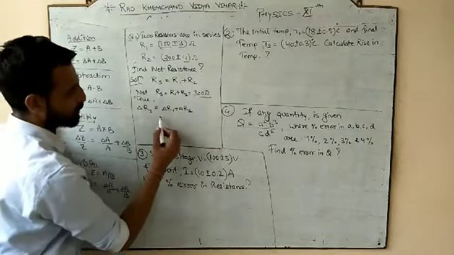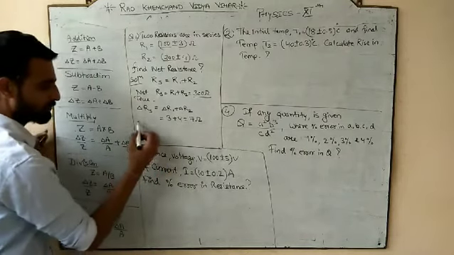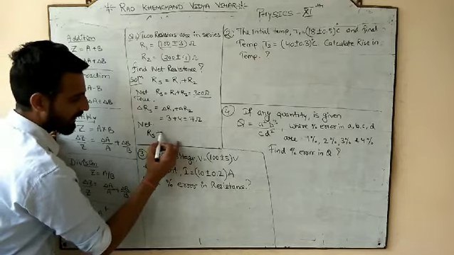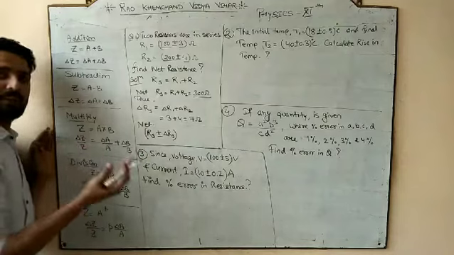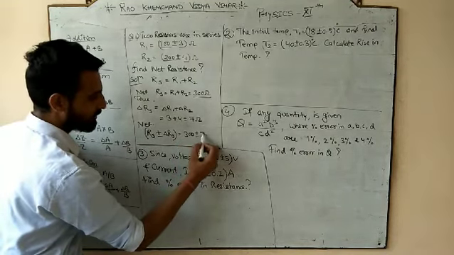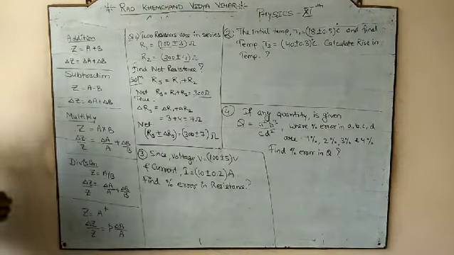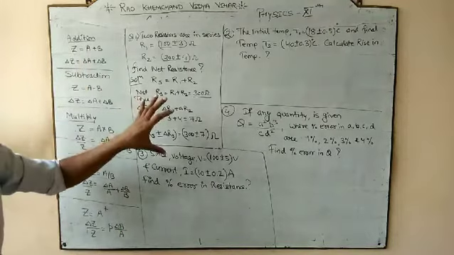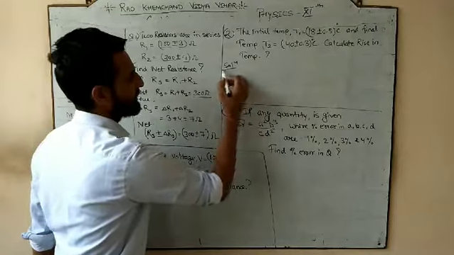What is delta R2? 4. It would be 3 plus 4. How much? 7 ohm. So your net resistance, how will you represent? Rs plus minus delta Rs, Z plus minus delta Z. And it would be 300 plus minus 7. This is the way that you have to do the numerical. Just you have to do the performance. Done?